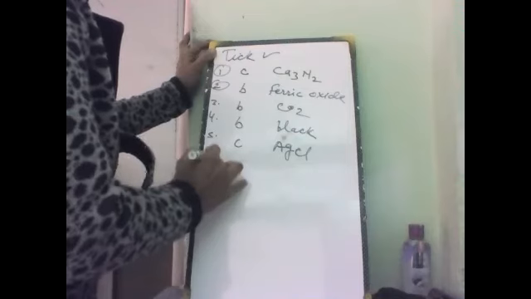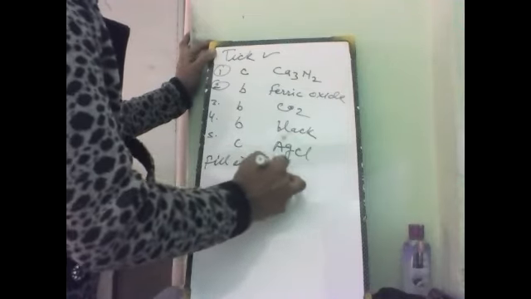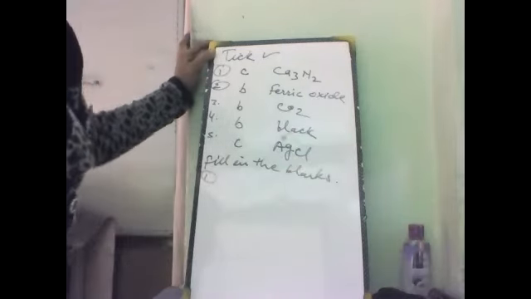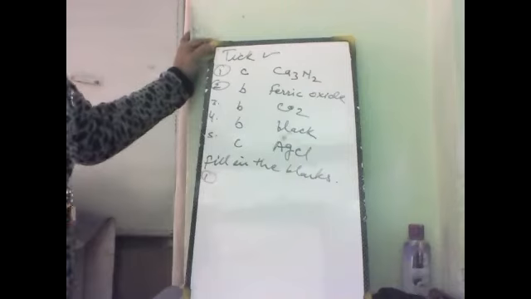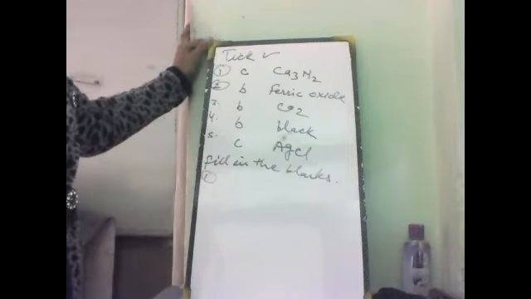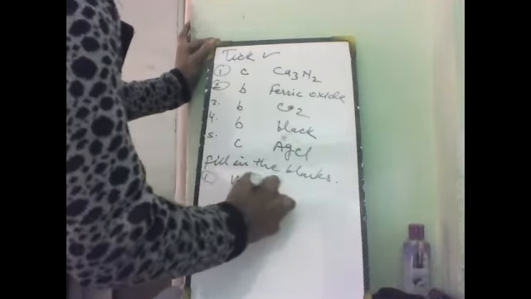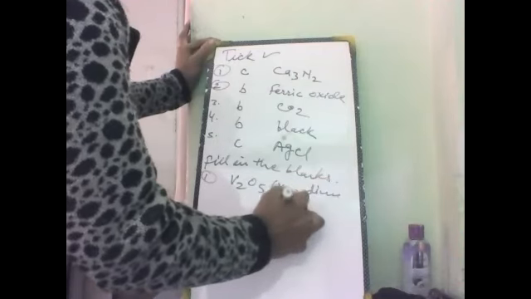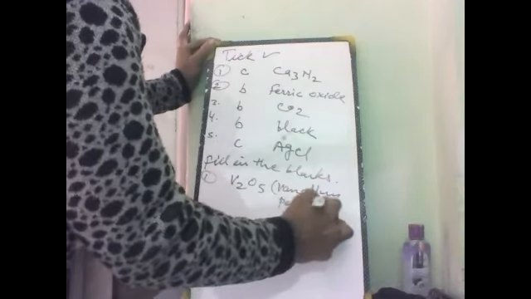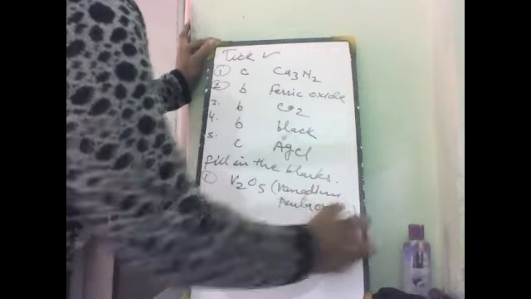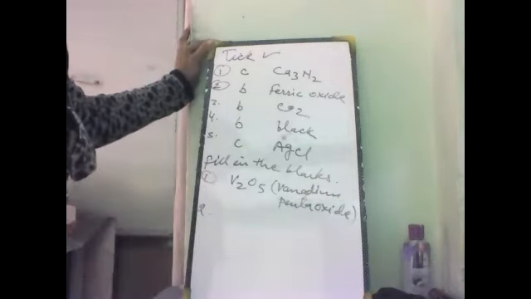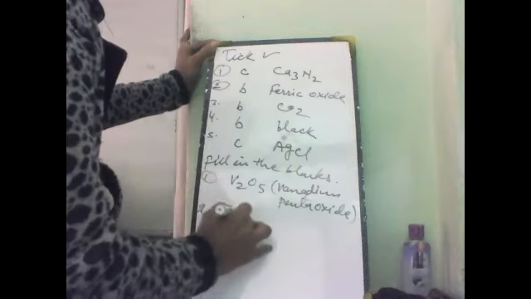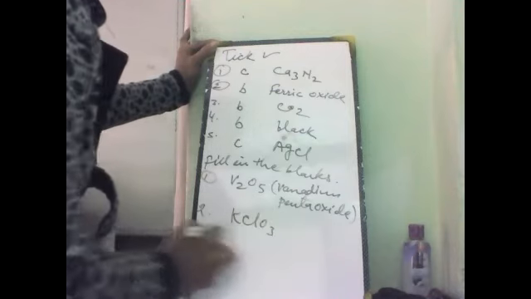Fill in the blanks. The catalyst used to convert sulfur dioxide to sulfur trioxide is V2O5, vanadium pentaoxide. The chemical formula of potassium chlorate is KClO3.